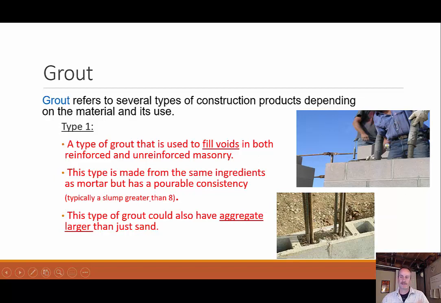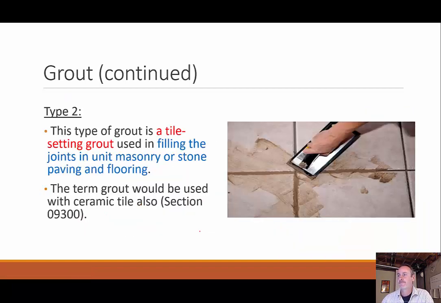If you remember the slump test with the slump cone, if I were to do a slump test on this, I have a slump greater than 8, which means that I start off at 12 and it drops down. It's just this little cow patty looking thing at the end, right? And this type of grout can also have aggregate larger than just sand. So you're approaching a concrete type of grout, right?